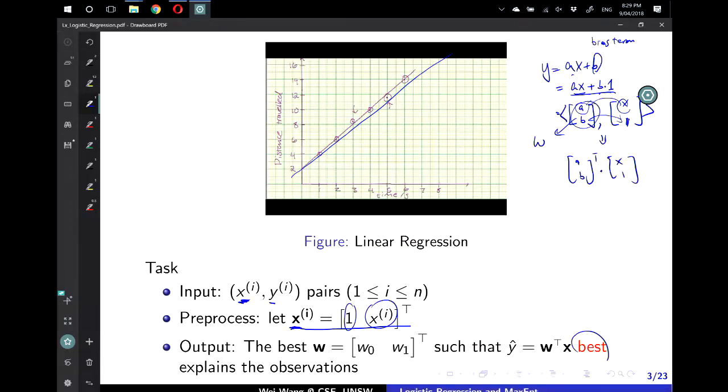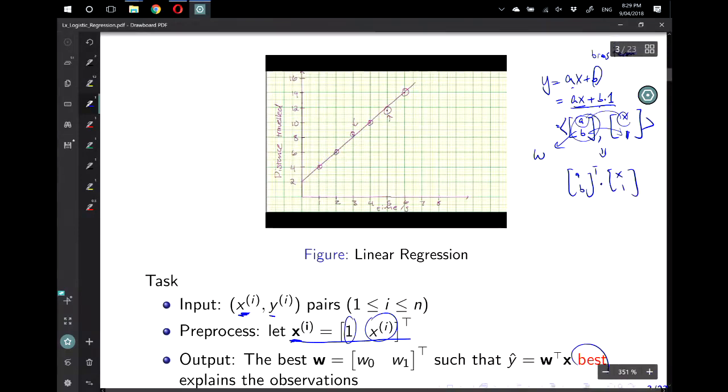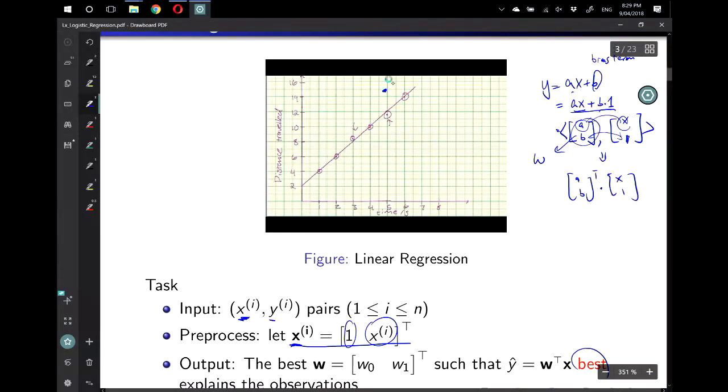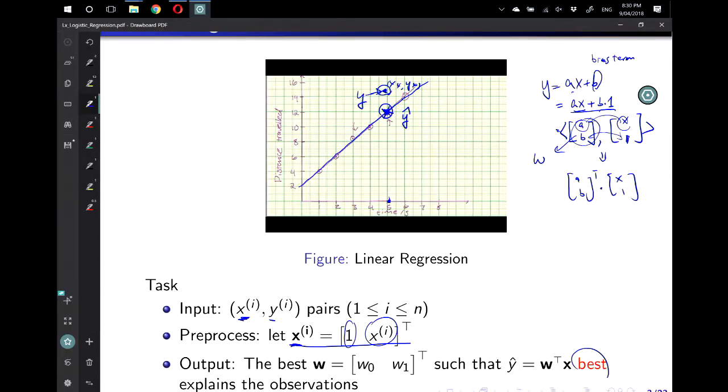Intuitively, I deliberately use this as my x4, y4, with a large value. If we consider this line, its prediction for x4 will be this point, while the observed point is this one. So this is our predicted y, and this is our observed y.